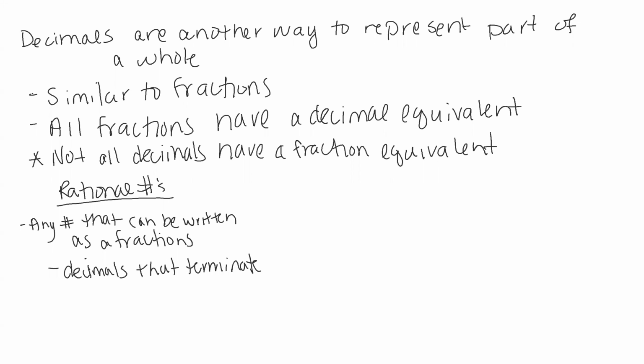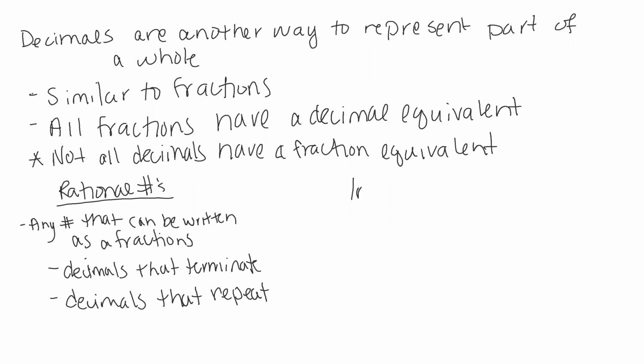So that means the decimal just ends, 0.75, 0.123, okay? Decimals that just end, nothing comes after the last number, or decimals that repeat. So decimals that would be considered rational numbers could be written as a fraction.